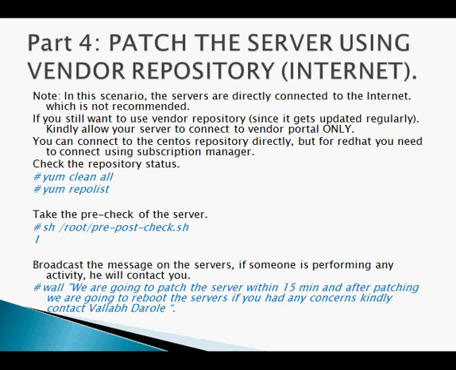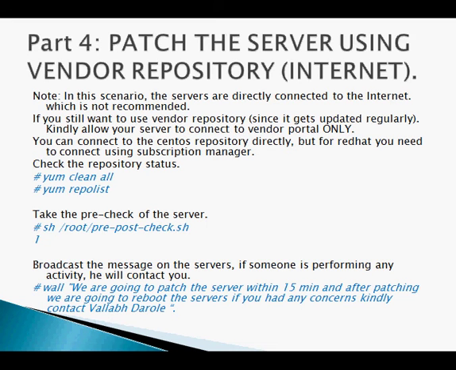But still, if you do not have any other alternatives, in that scenario you have to connect your server to the internet. In this scenario, you can only allow to access the vendor repositories on internet. Don't allow everything on the servers. So let's start the practice.